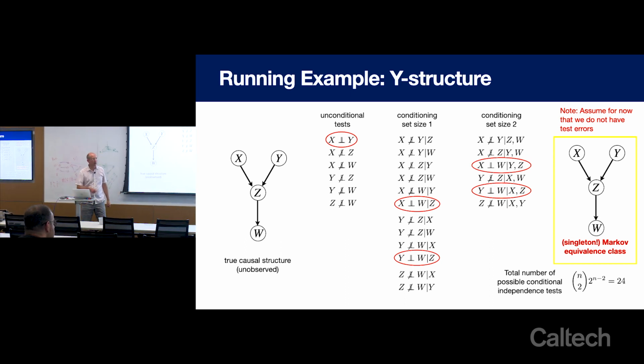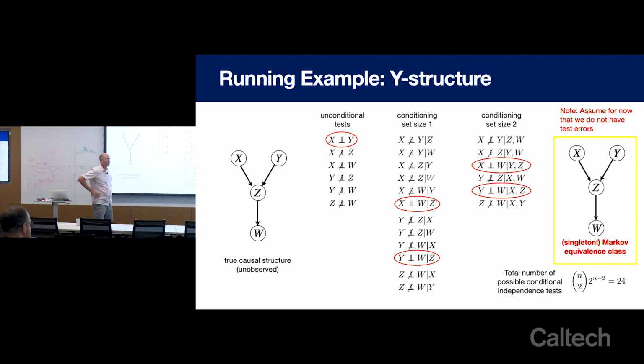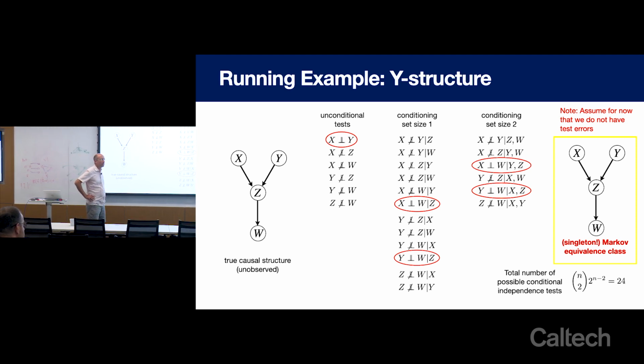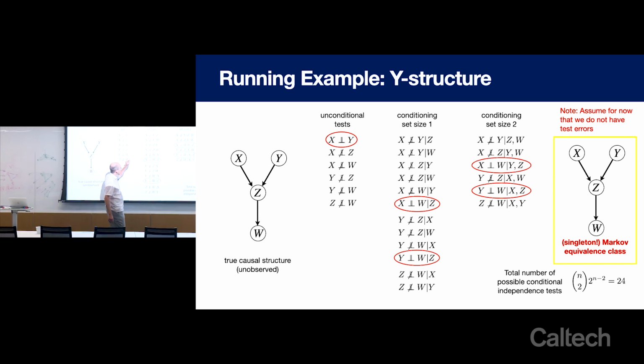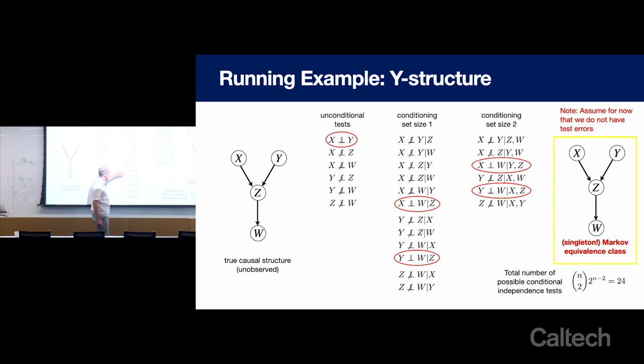Yes? Yeah. So in the conditioning set size 1, why do we have to look at, for example, Y and Z given X? Well, we already know that X and Y are independent. Y and Z, so this one here. Yeah, for example.